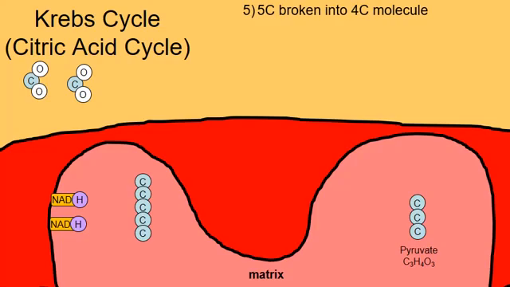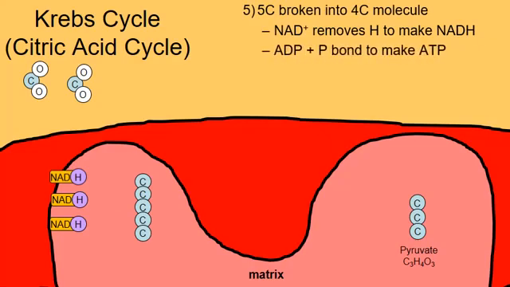It's going to be broken down into a 4-carbon molecule, and in the breakdown a couple things happen. Number one, another molecule of NADH is created. So there's NAD. With the help of an enzyme, NAD will strip off a hydrogen. But that's not the only thing that happens. A molecule of ATP will be created because in the matrix of the mitochondria there are various solutes and molecules dissolved within the matrix.